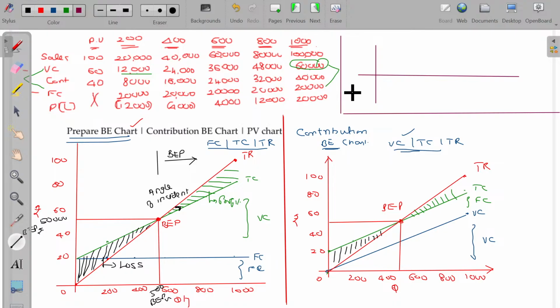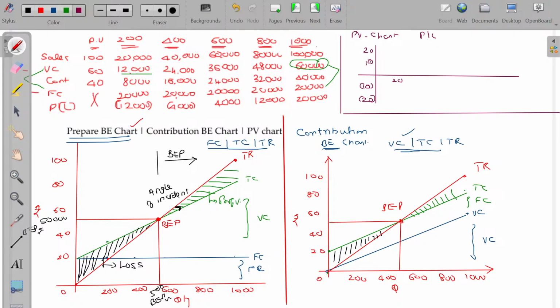We'll start with this number. 4, probably 10, 20 negative. Here 10, 20 positive. In case of PV chart, I am going to plot only the profit and loss.